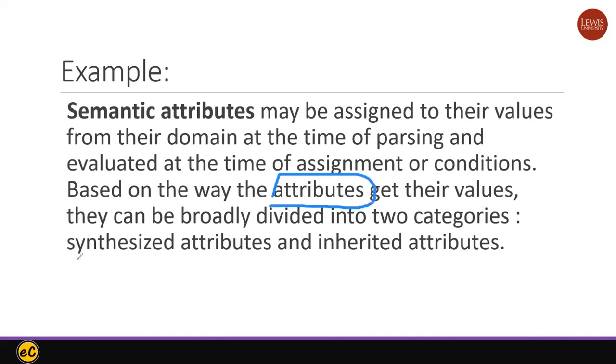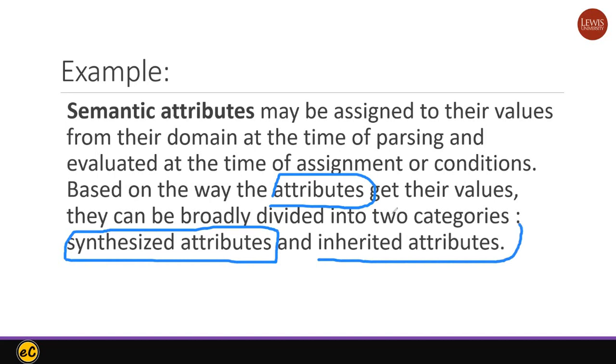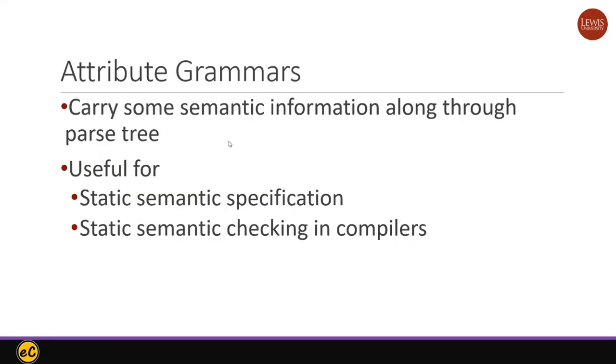There are two types. One is called synthesized attribute. The other one is called inherited attribute. These two types are very, very important. So let's look at it.